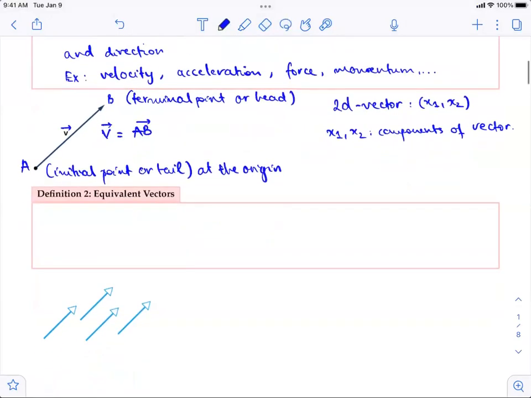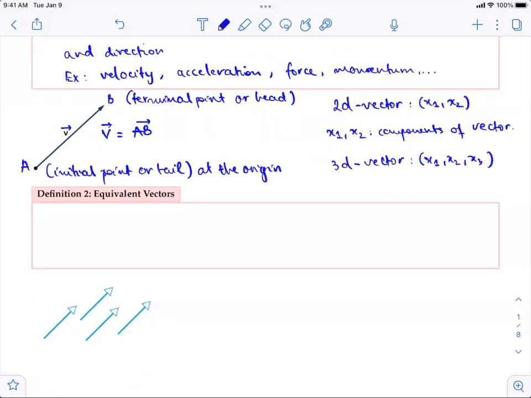In the case of a three-dimensional vector, you have three components, x1, x2, and x3, and again, x1, x2, and x3 are the components of the vector. It's very straightforward. Later on we will rewrite these two-dimensional and three-dimensional vectors, and we're also going to define n-dimensional vectors.